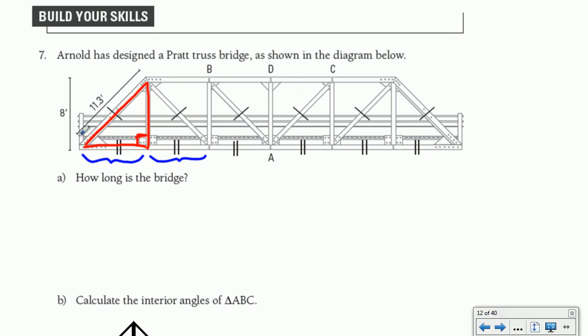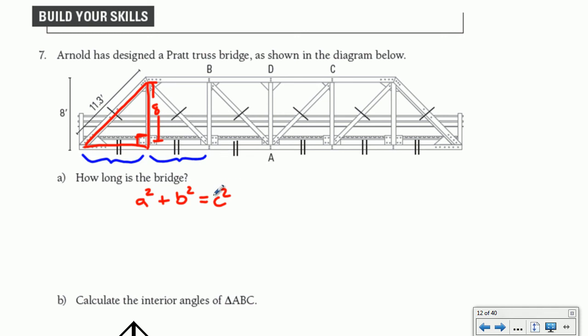Alright, so we have this length, which is the hypotenuse, and we have the height, which is also here, so this is 8 feet. So we have one of the legs of this right angle triangle, and we have the hypotenuse, so we can use Pythagoras theorem to figure out what the missing side length should be.